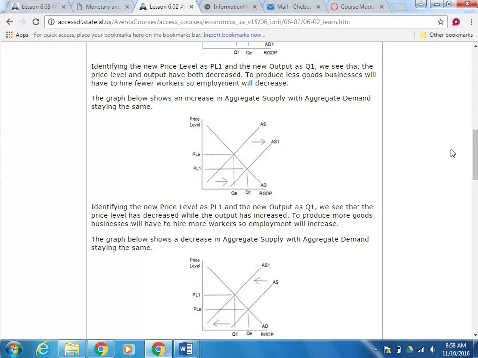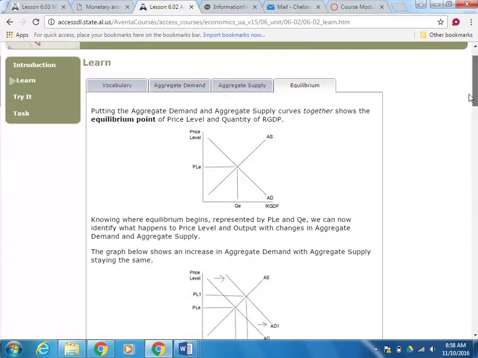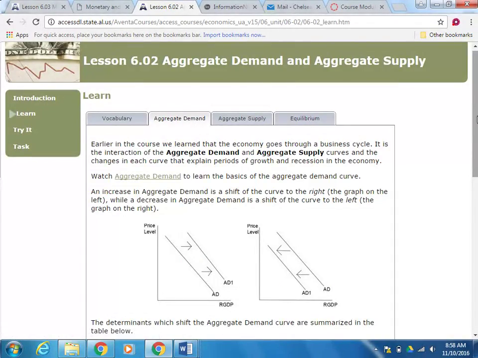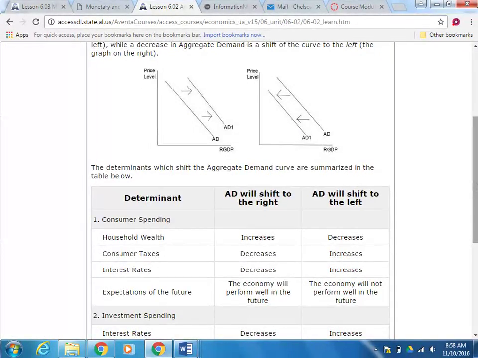A couple other things about aggregate demand, and we'll type this up for you in some notes also. But if aggregate demand increases, let's go back and look at aggregate demand. If aggregate demand increases, your price level and your output are both going to increase. Okay?